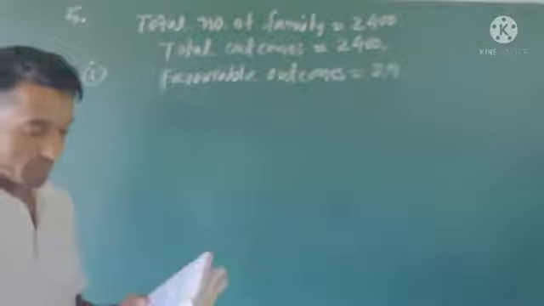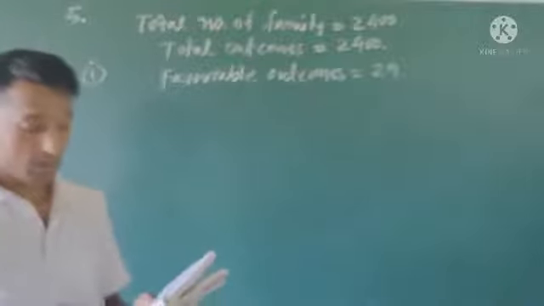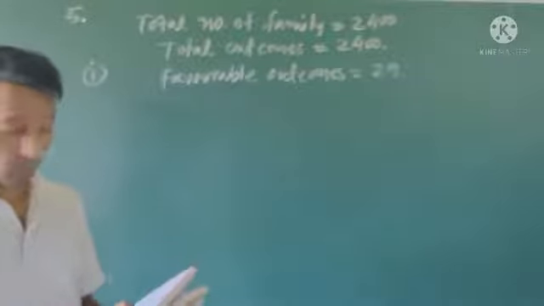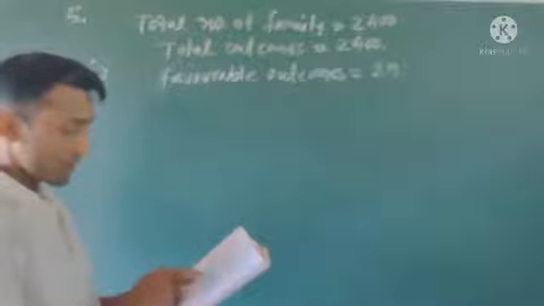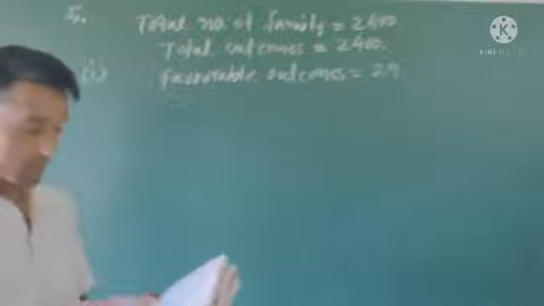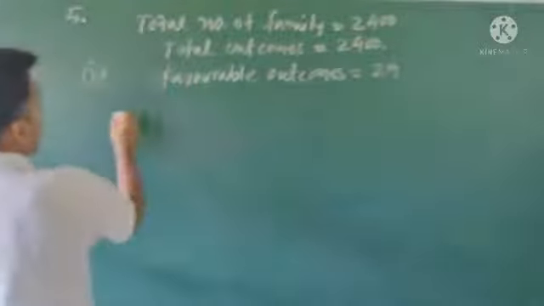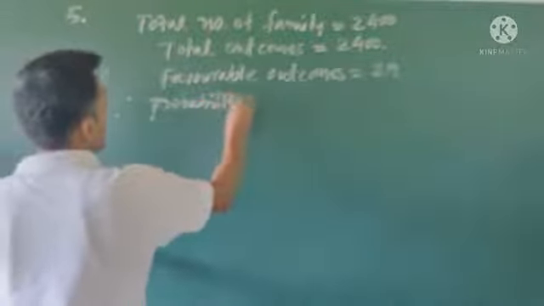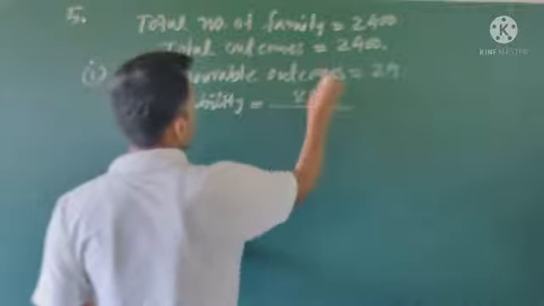There are 29 families owning exactly 2 vehicles whose income is 10,000 to 13,000 per month. So favorable outcomes will be 29. Therefore probability is favorable outcomes by total outcomes.